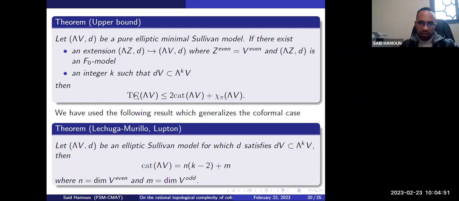In this result, we have used the previous result and this result, which is due to Lechuga and also to Murillo, which says that for lambda V, D, a minimal Sullivan model which is elliptic, if the differential D is homogeneous of rank K, then the rational LS category is given by n times K minus 2 plus m, where n is the dimension of V even and m is the dimension of V odd.